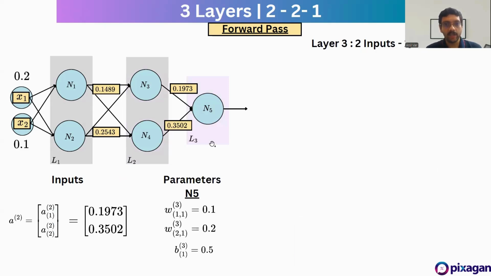And so now N5, and this is the last layer or the output layer of the network. What does it take in? It takes in A2, which was the output of layer 2. It takes in A21 and A22. It's got its weight and bias. So third layer, first neuron, weight connecting the first neuron of the previous layer to this neuron.